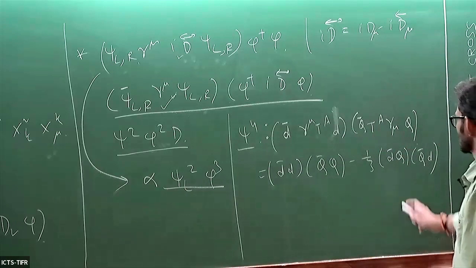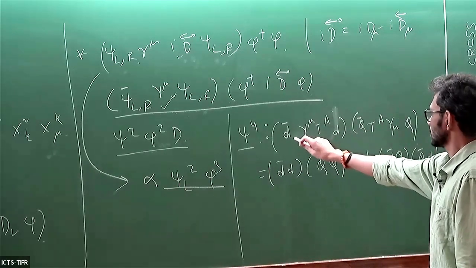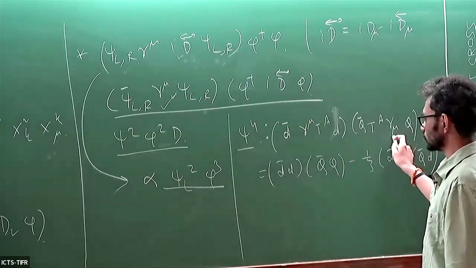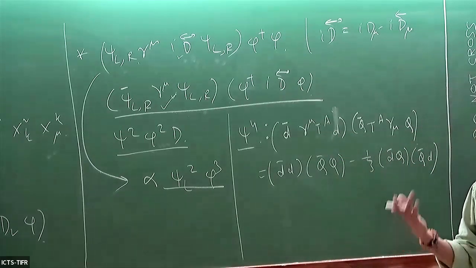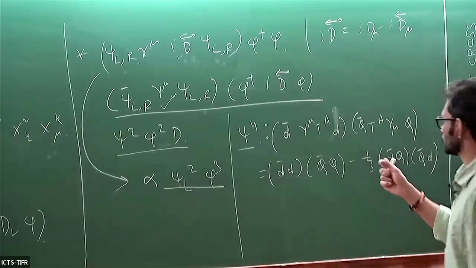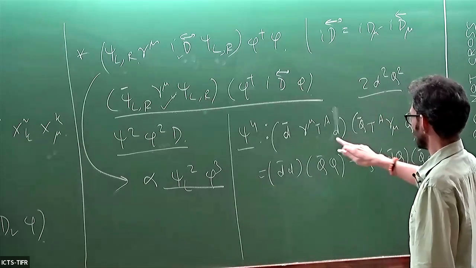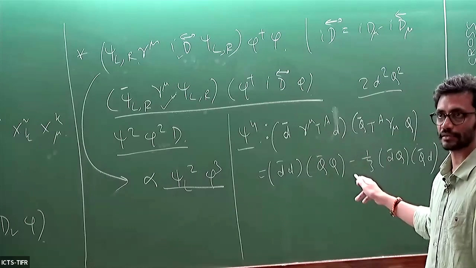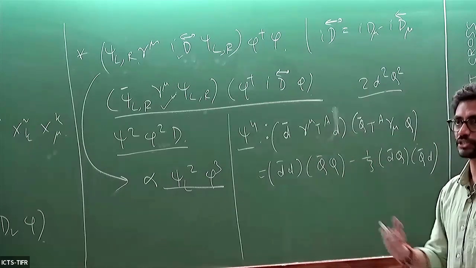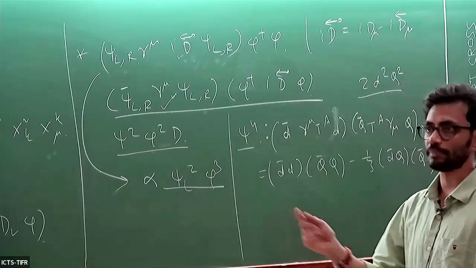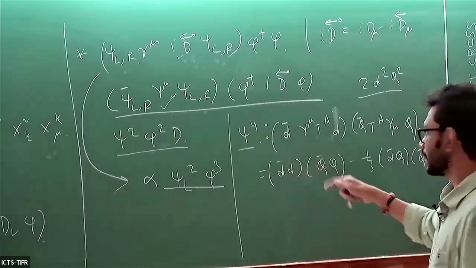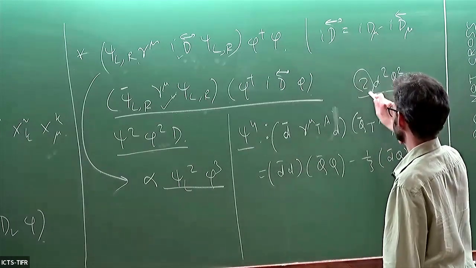Okay. So now, when you write down this d^2 q^2 polynomial, you will get at least two. Why? Because among these three, only two are independent. Though each belongs to the d^2 q^2 class, not all are independent. That number is basically taken care of by this method.